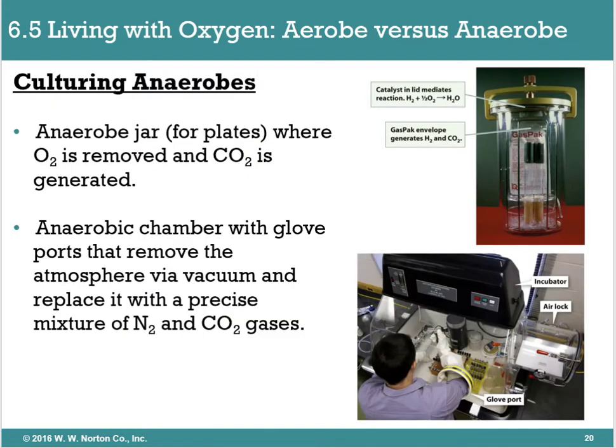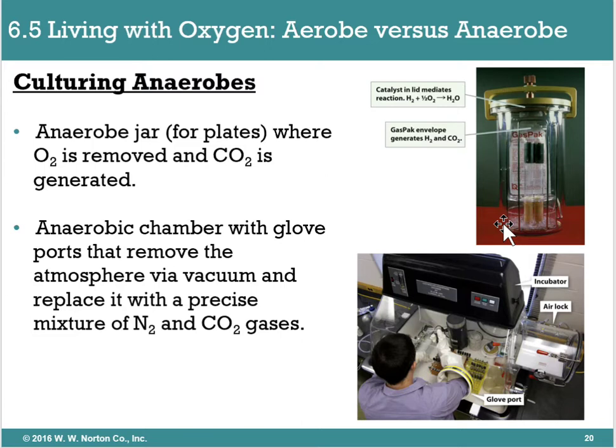Okie dokie. So how do we culture anaerobic bacteria if they don't like oxygen? We are not going to do the techniques on this slide, but it is good for you to know because we will be creating an anaerobic environment later in the term. We are going to use something similar to this gas jar, but instead of a jar, it's just going to be a pouch.